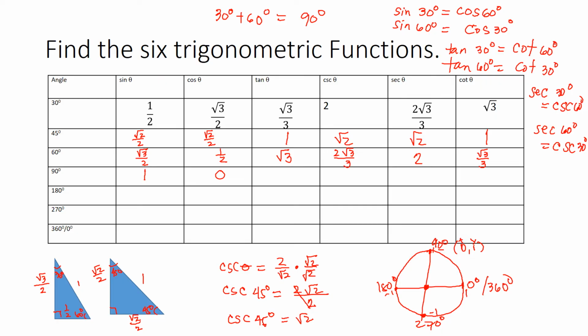y over x, or since sine theta is equal to y and cosine theta is x on a unit circle, which means that our tangent here will also be equal to sine theta over cosine theta. So whatever is the value here, we just divide it. So 1 divided by 0, that is a no-no, which means that is undefined.